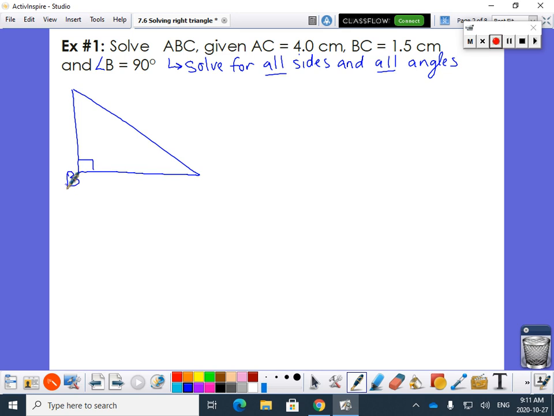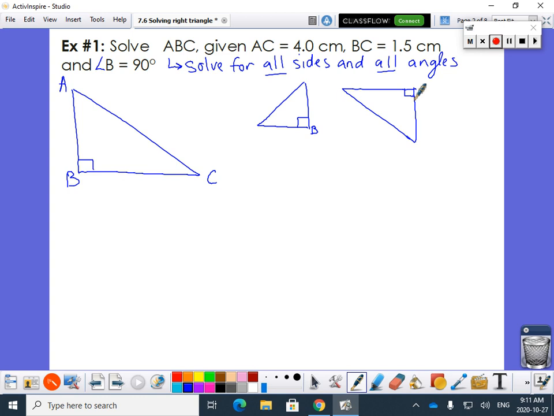Now, it doesn't matter where you label A and C. You could have labeled C up here, A over here. You also could have drawn it differently, like this, or like this. They're all the same. We're going to use this one because this is the one that I initially drew big, but all of those are correct. Okay, are we okay with that so far?